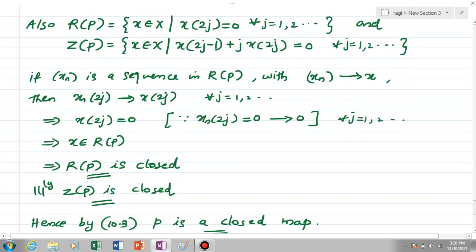Then by theorem 10.3 we can say that P is a closed map, because R(P) and Z(P) are closed.